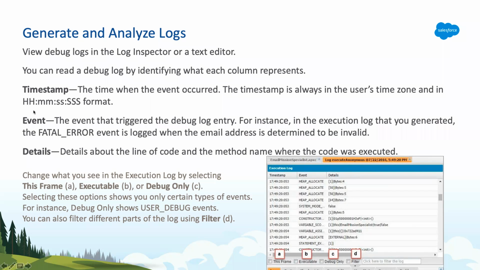So this will be the format of the timestamp. You can identify hour, minutes, seconds, and milliseconds. As well as in the event column, you can identify what kind of event is happening in this particular log line.